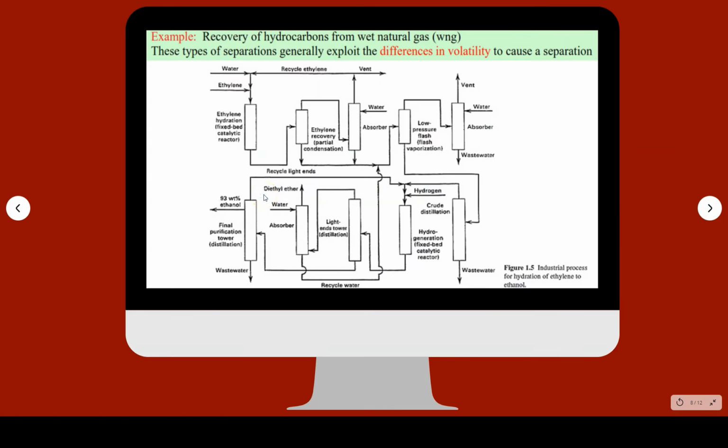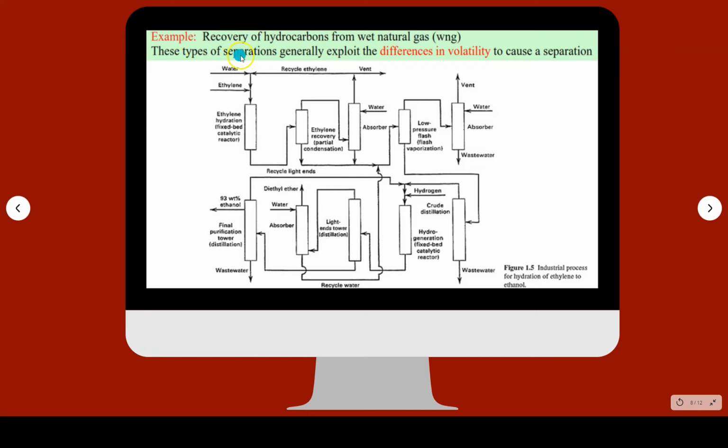Alright, so what is this? This is the block flow diagram, because you have your rectangles and lines. It only represents all the major unit operations. As you can see, this is an example of recovery of hydrocarbons from wet natural gas.